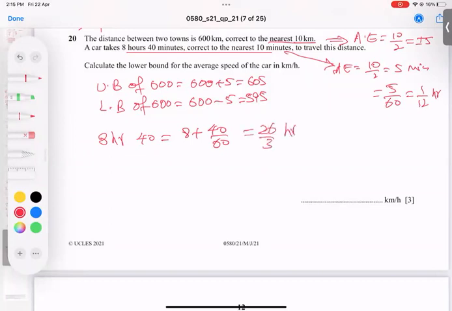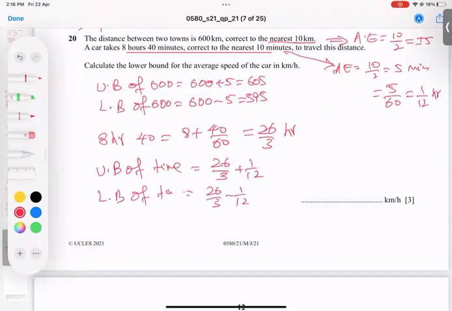Now I can find the upper bound of the time, which is 26 by 3 plus 1 by 12. The lower bound of the time is 26 by 3 minus 1 by 12. I'm not calculating this whole thing.